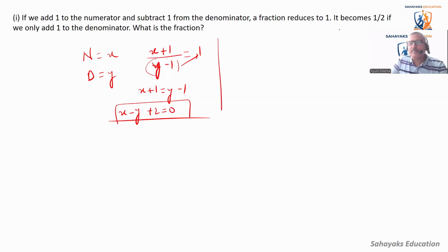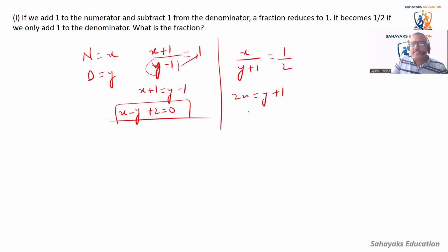Let's make the second equation. It becomes 1 by 2 if we only add 1 to the denominator. So they are saying x divided by y plus 1 will give you 1 by 2. Now we'll cross multiply, so it becomes 2x is equal to y plus 1.